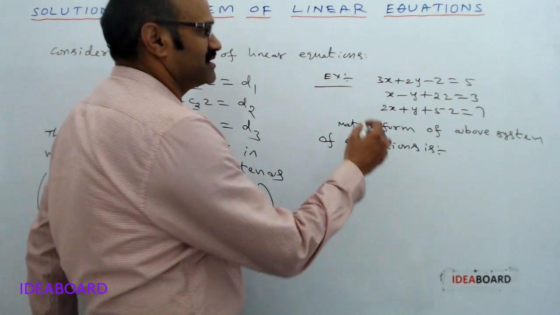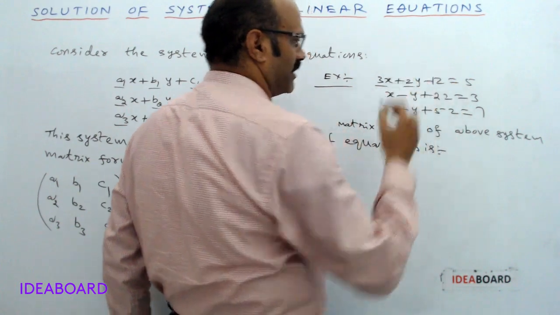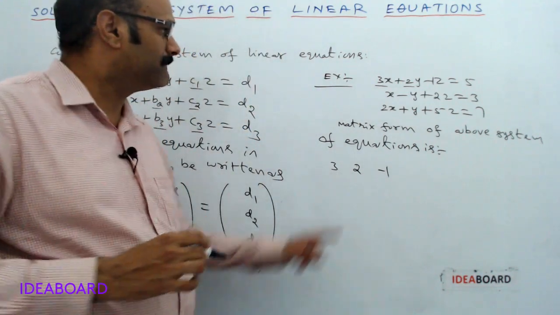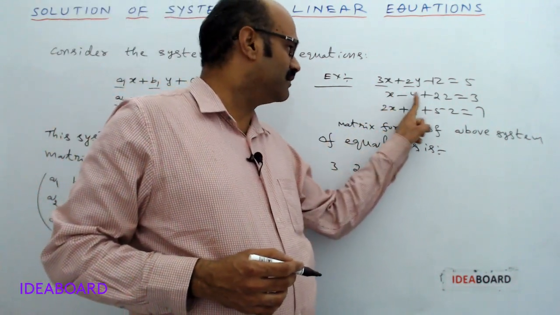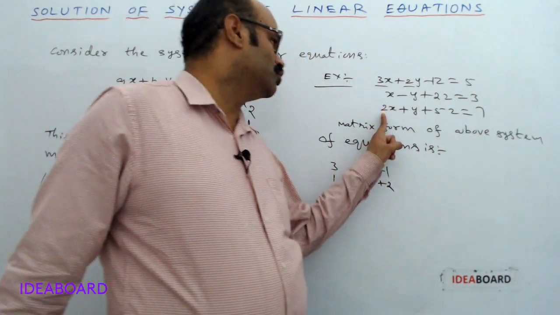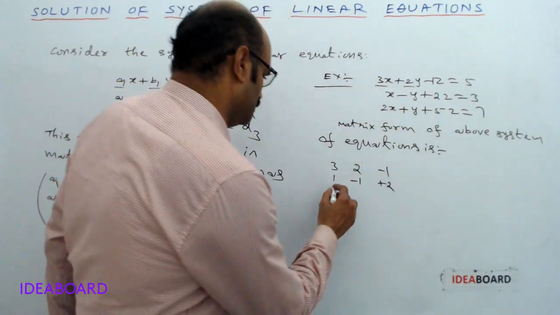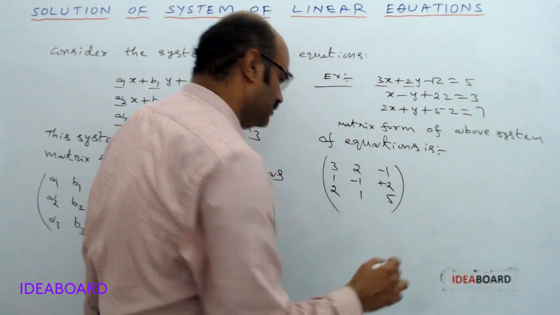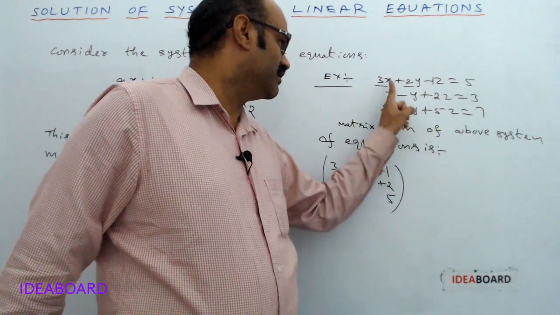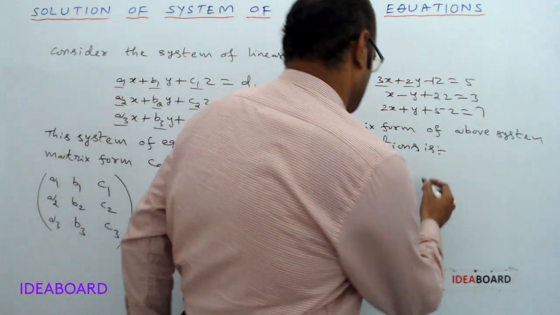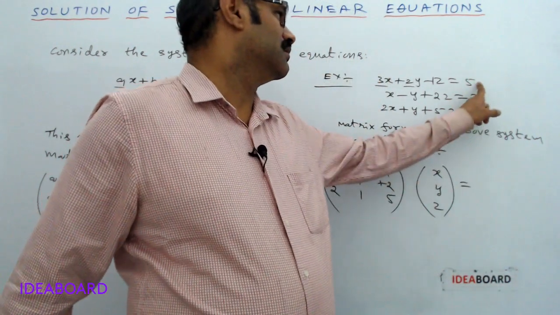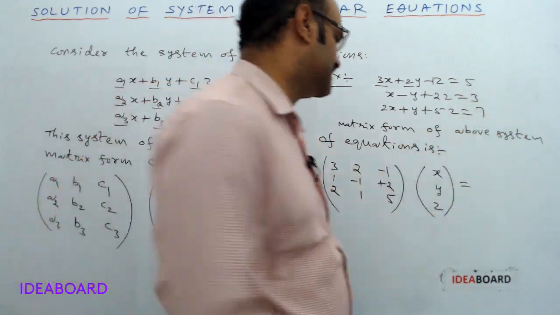The coefficients are 3, 2, and here we don't have z, so we take minus 1. So 3, 2, minus 1. Next 1, minus 1, 2, and 2, 1, 5, into the variables x, y and z, equal to the matrix 5, 3, 7.